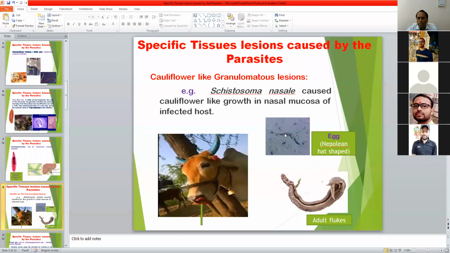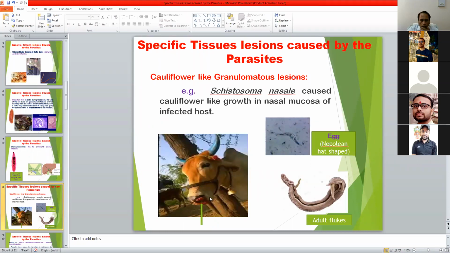This is the egg of Schistosoma nasalis. It is called Napoleon hat shaped, like a hat, and also boomerang shaped. This is the morphological characteristic of the egg of Schistosoma nasalis, and it has a spine at one end.